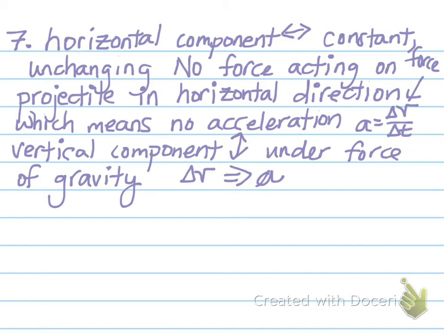Question number 8 says, how does the downward component of the motion of a projectile compare with the motion of free fall? So what this is saying is when I have that projectile and I toss it, there's that law of inertia, and it just went in a straight line.